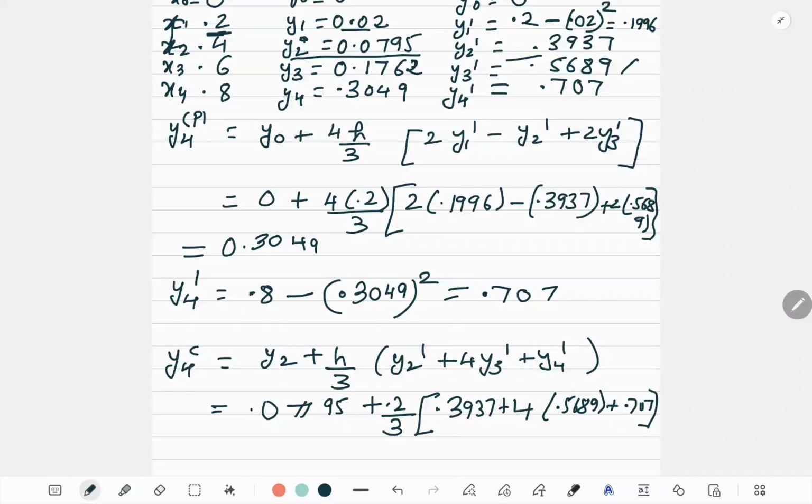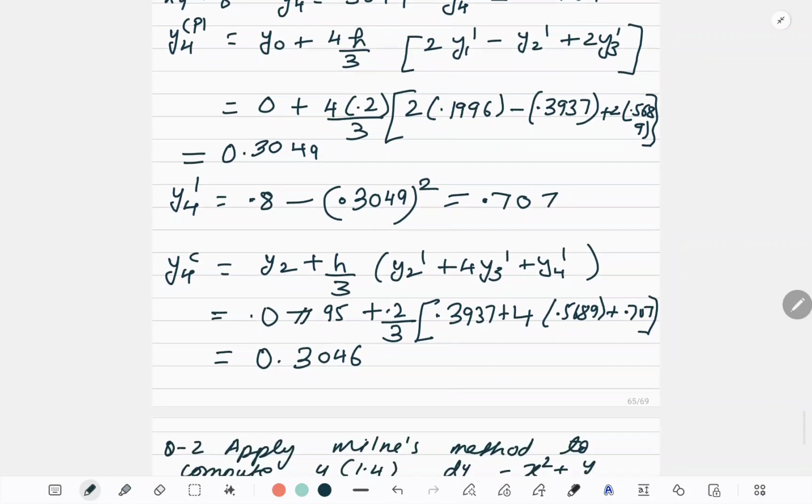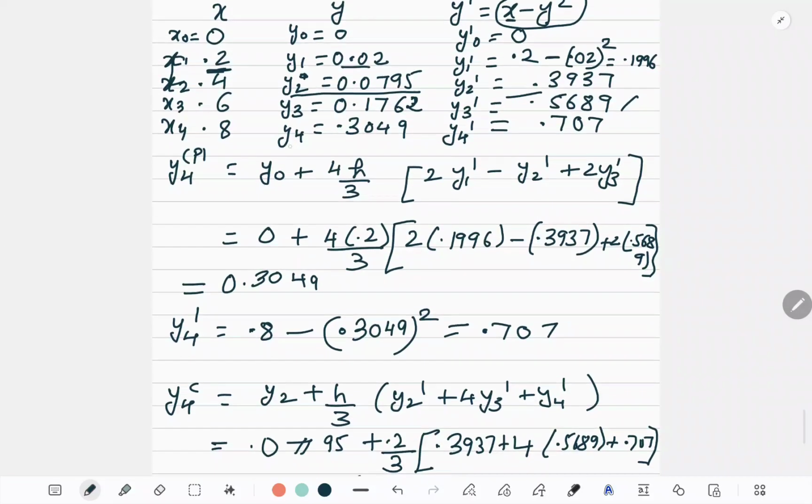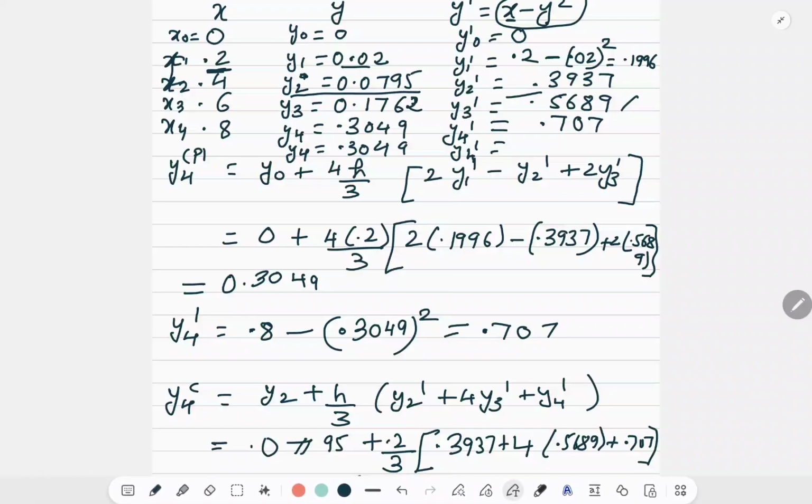Now when you solve this, you will get 0.3046. If you want to correct it again, you will put 0.3046 in the table here as the new y4, and the new y4 dash you can find by putting it in x minus y squared and you will get the value.